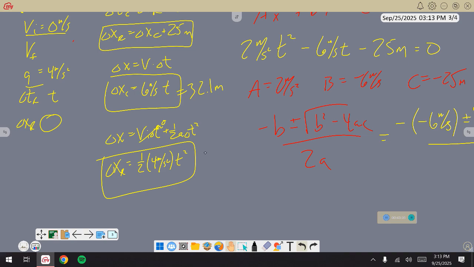I get 57. Why don't I get the same number? Oh, because you added 25. And if you take 32 plus 25, you'll notice it's not quite perfect. Why is it probably not perfect? Not error. You rounded. Rounded in the setup. If you don't round, you'll get it perfectly every single time.